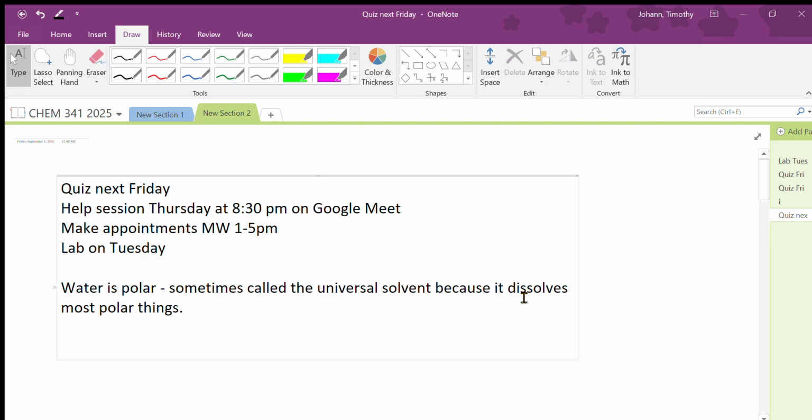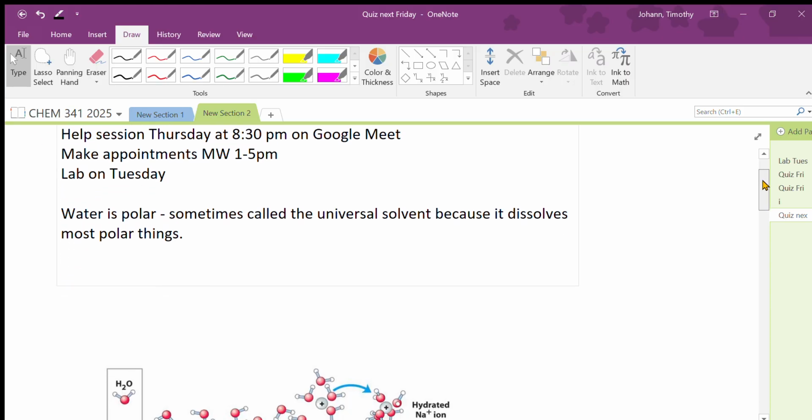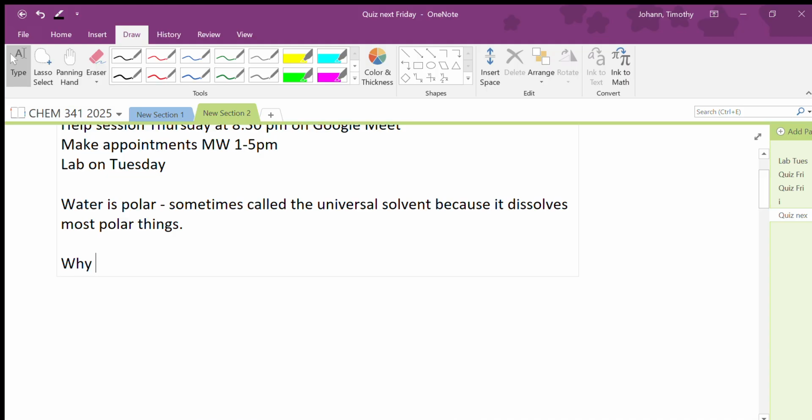Okay, why is water polar? Because of the uneven distribution of electrons. Okay, so we have an uneven distribution of electrons in water.